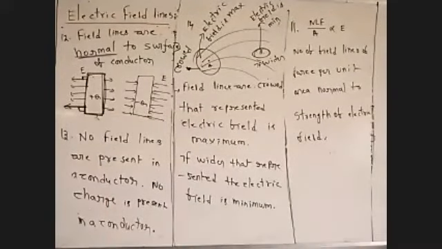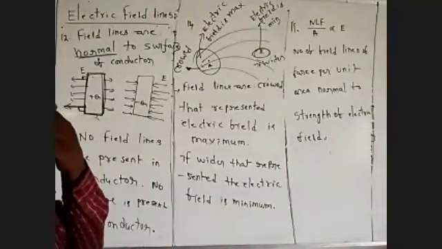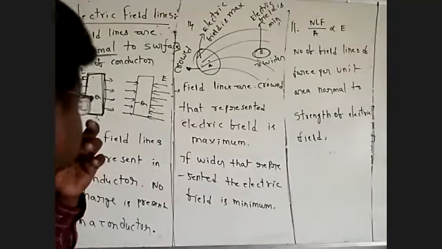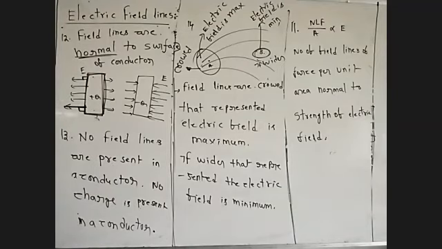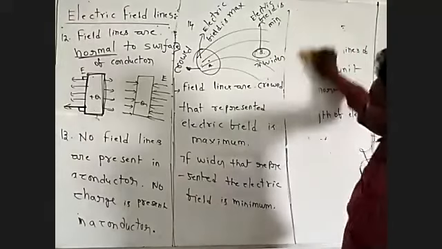Here the field lines are crowded, so the electric field is maximum. Here the field lines are wider, so the electric field is minimum. Now, next point, last point.